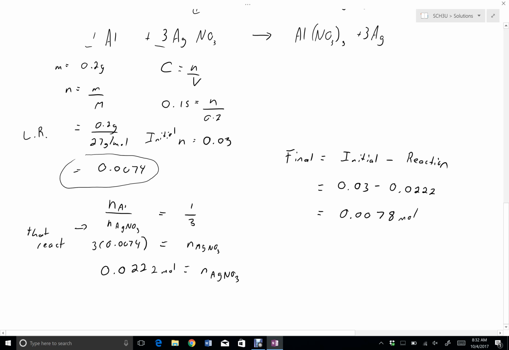Now this amount of aluminum reacted with this amount of silver nitrate, and these are the particles that are final or are remaining in the solution. So they did not react away.